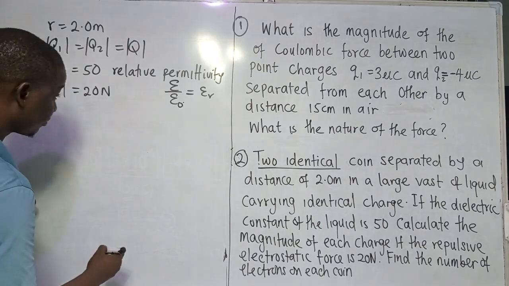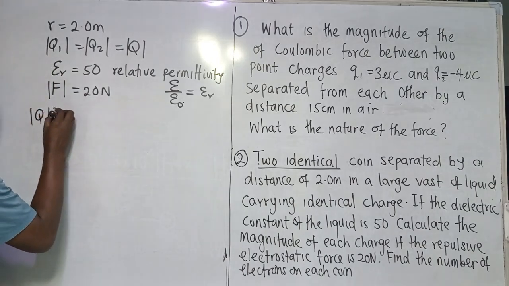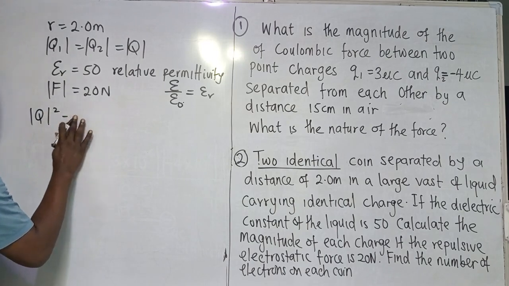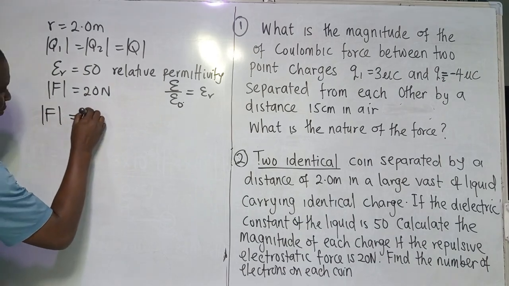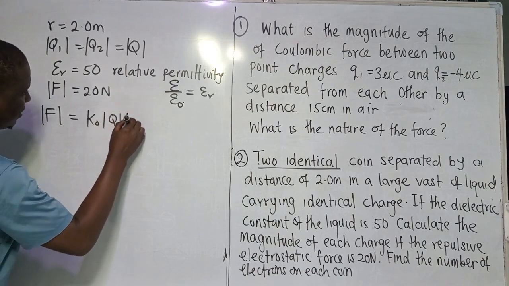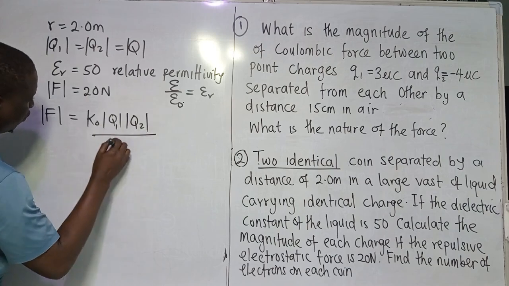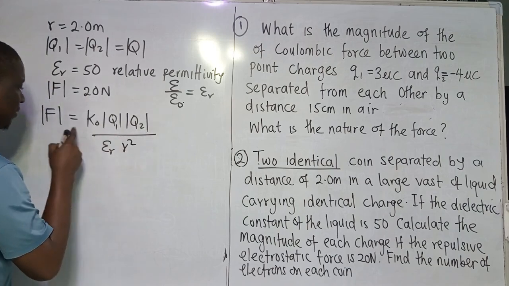So take note of that. Now, I gave you a formula in that class. If the charges are identical, F equals K naught times Q1 Q2 divided by epsilon R times R squared.